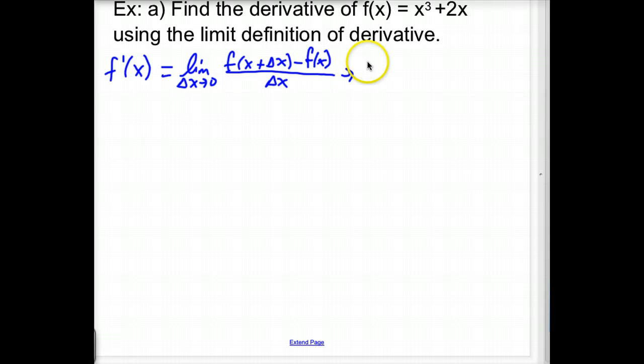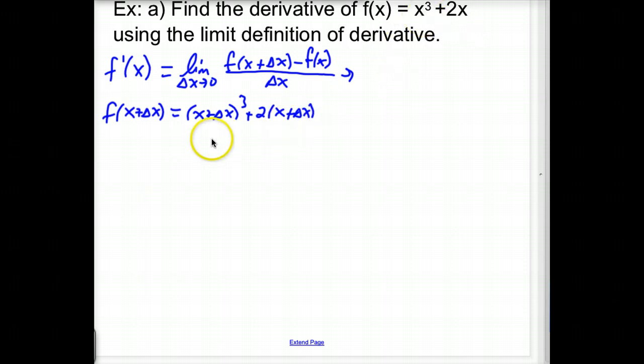So f of x plus delta x. We're going to put x plus delta x in place of each of these things. So I'm going to write that down here. f of x plus delta x equals, instead of x cubed, we're going to have x plus delta x cubed. Instead of adding 2x, we're going to add 2 times x plus delta x. We're putting x plus delta x in place of the letter x.